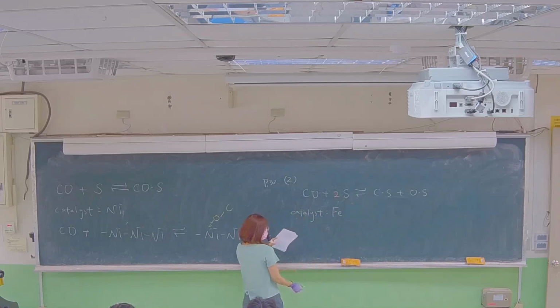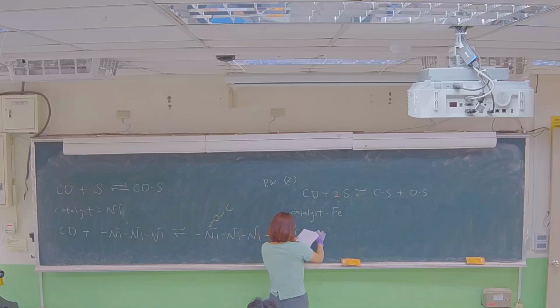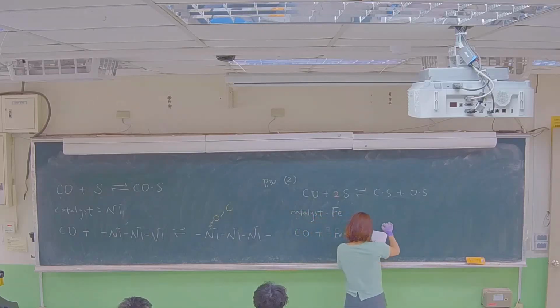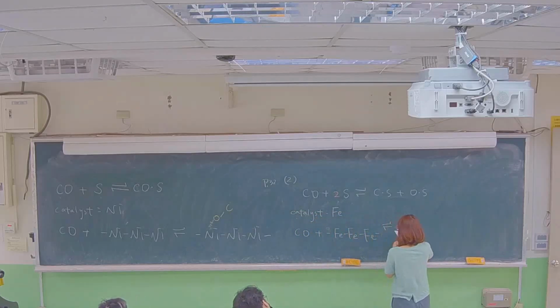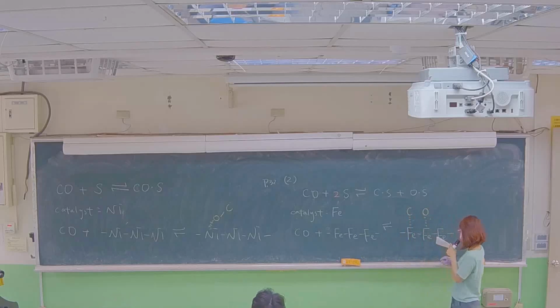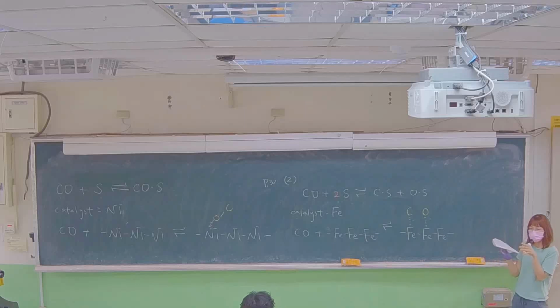So if CO is catalyzed by iron, C and O will be separately adsorbed, like one C here, or one O here. So that is the case with iron as catalyst.